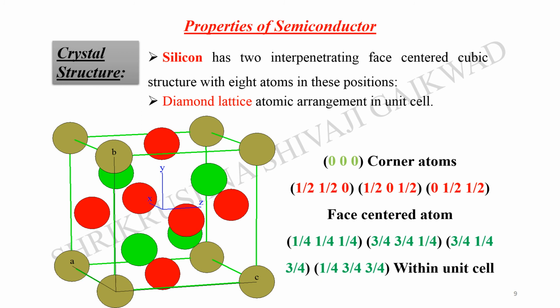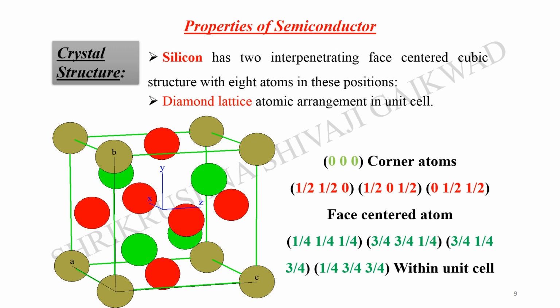And the nearest corner atom, on the front side left, is also connected. So this first green atom is connected with these 4 atoms.